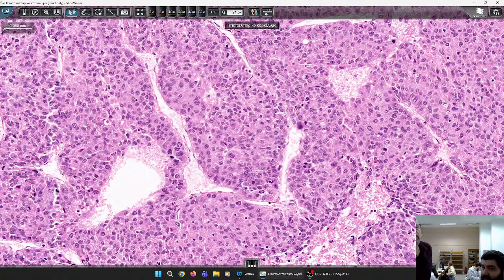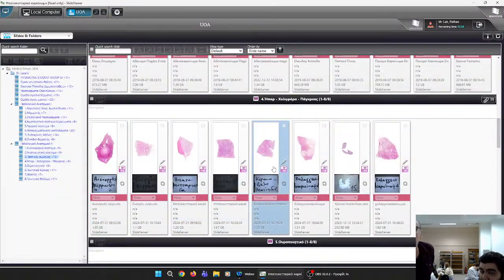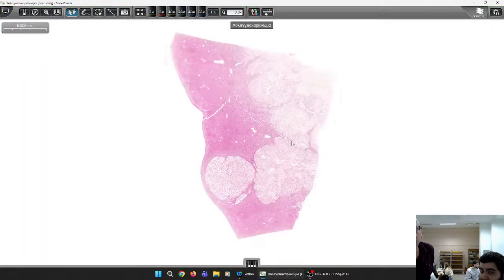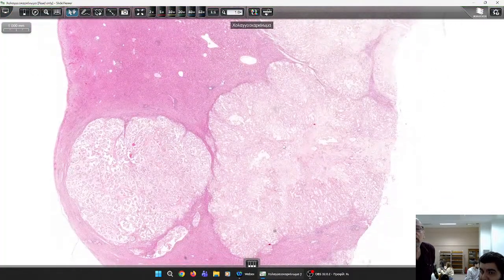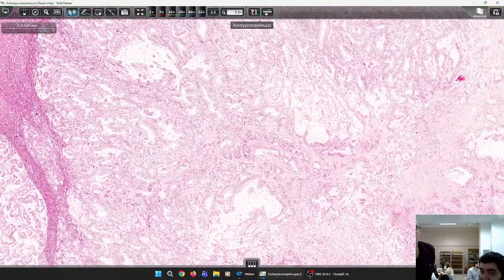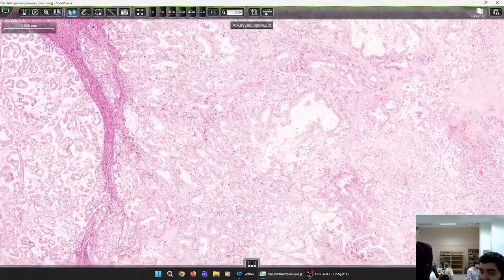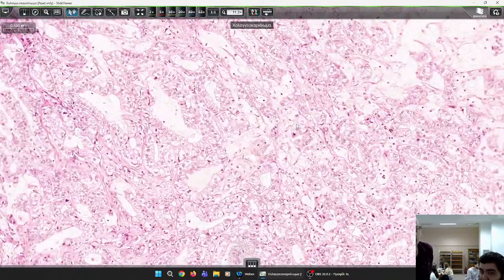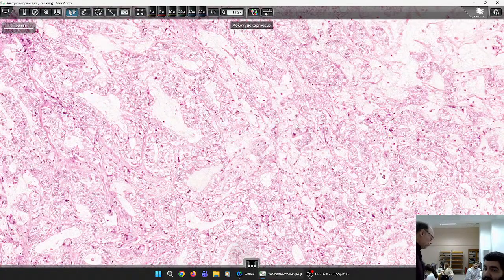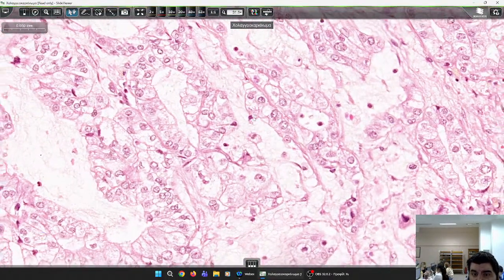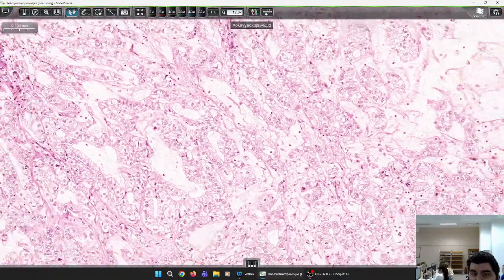Now, we finish with the two cholangiocarcinomas. Here is one. This one is glandular. So make a comment, Alexander. You can see that the cells have a very different differentiation.